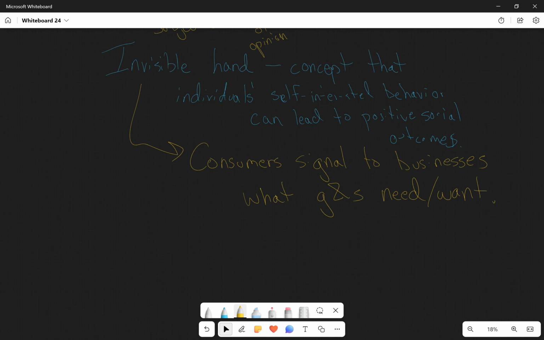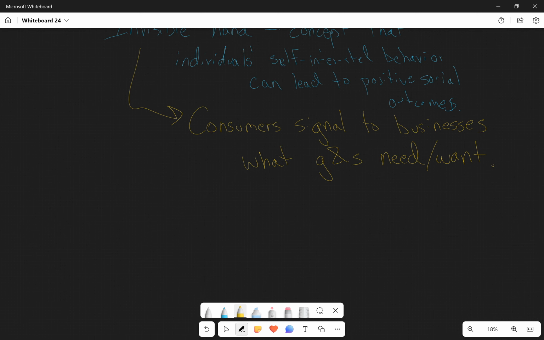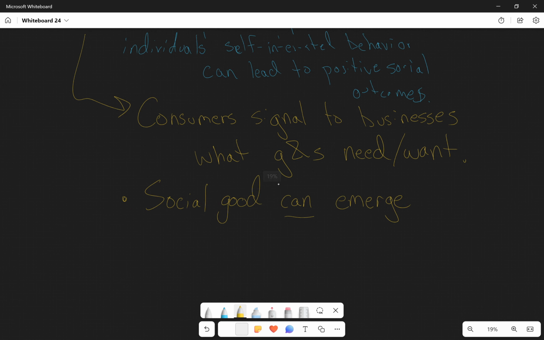And then again, the baker, the brewer, the candlestick maker, right? The business person, they are using self-interested motives, right? So we have a social good that can emerge, doesn't always emerge, can emerge. This is where we start with the wishy-washy language of economists, right? Can emerge from selfish individual actions.